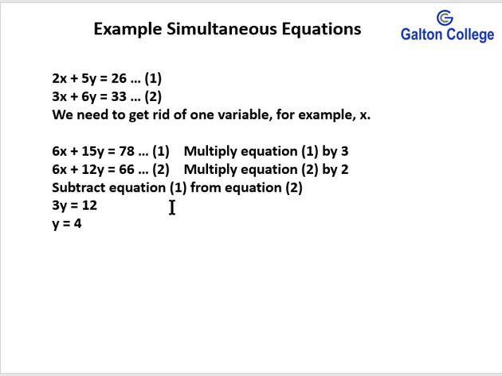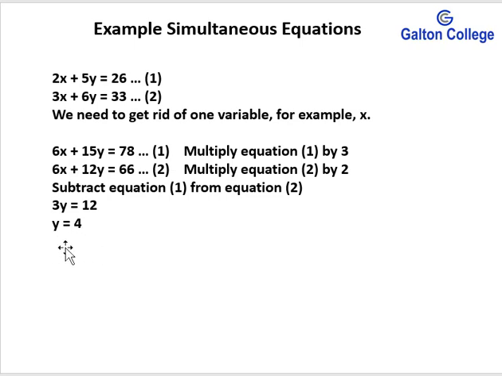Subtract equation 1 from equation 2. Or you could do it the other way around, it doesn't matter. You just get a minus sign, whichever way. But anyway, the point is, we've got 3y equals 12. Divide by 3 on the left, divide on the right, so y equals 4.